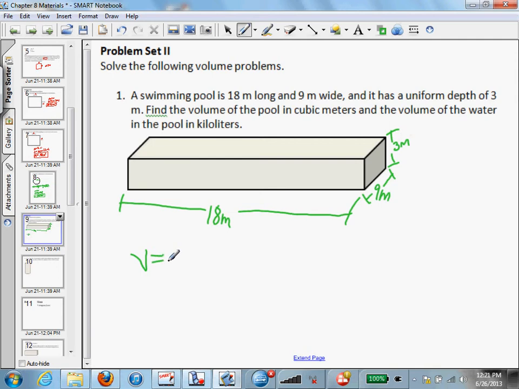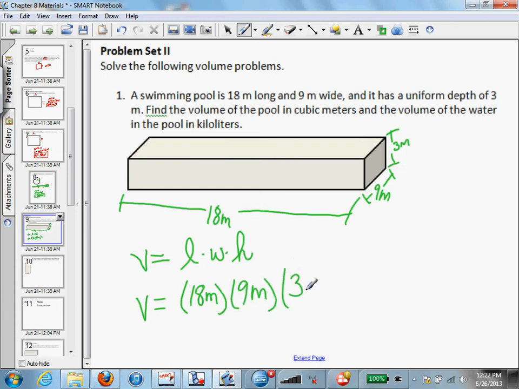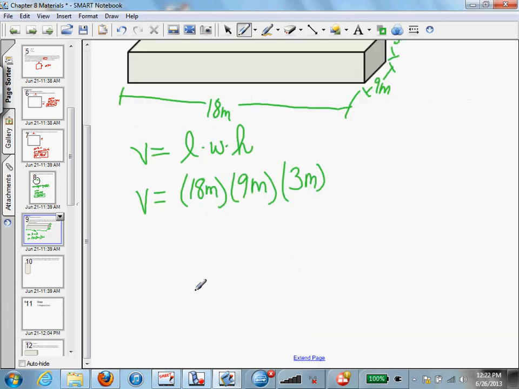And to use our volume formula, because it's a rectangular prism, we use V equals L times W times H. And we're going to plug in our values for V equals the length of 18 meters times the width of 9 meters times the height, or the depth, that we can call it, 3 meters.